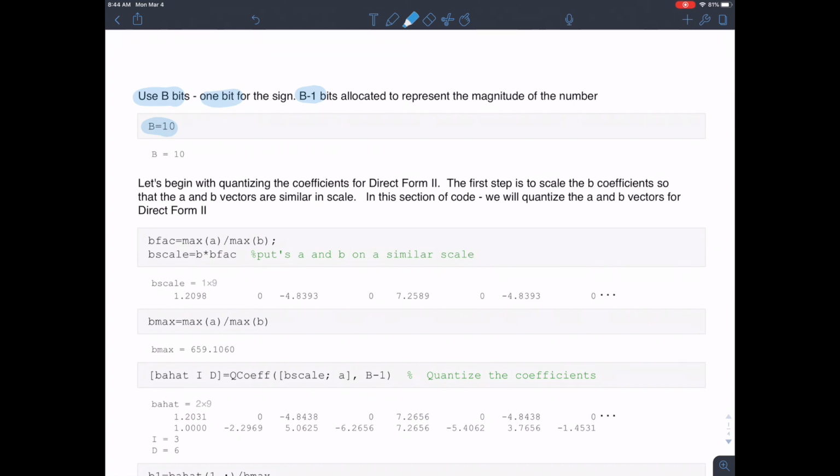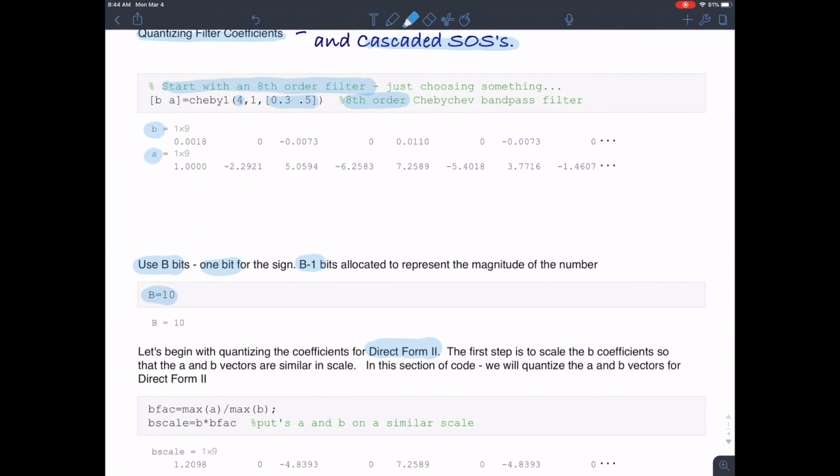In this next section, I want to come up with the quantized coefficients for direct form 2. I was looking at an example in the Proakis book, and it occurred to me that in some ways he doesn't give it a fair comparison, because look at the scale of the B vector. The first coefficient is 0.0018, and the largest coefficient is 0.0110.